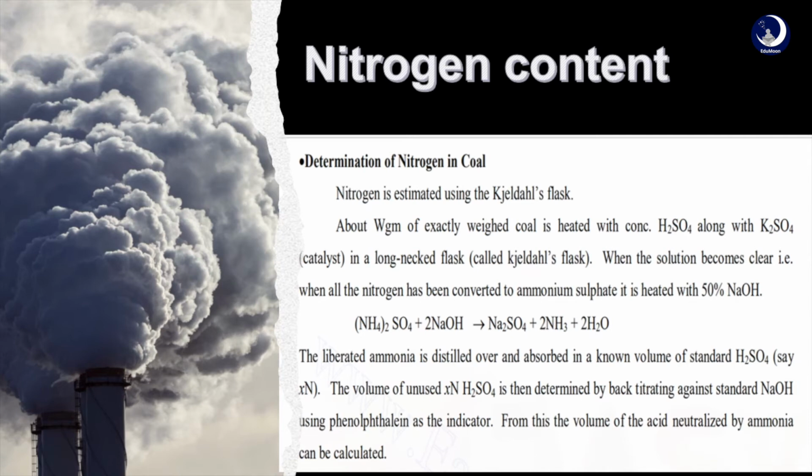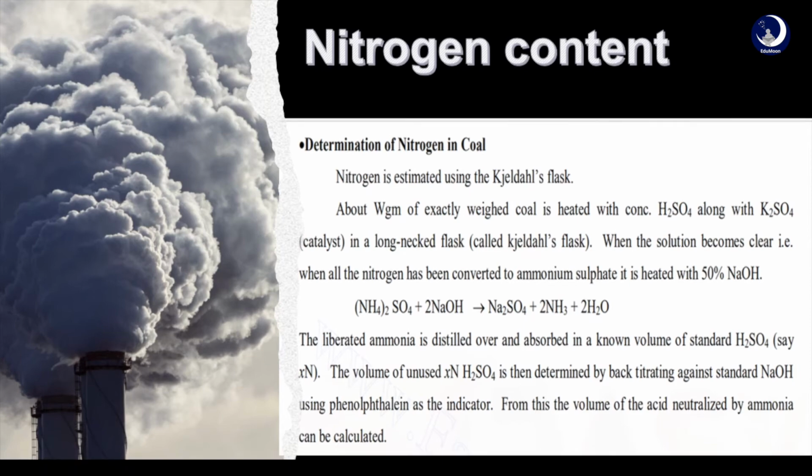Then it is treated with KOH, and the liberated ammonia is distilled over and absorbed in a known volume of standard acid solution. The unused acid is determined by back titration with NaOH solution, and the percentage of N equals the volume of acid used into normality into 14 by the weight of coal taken.